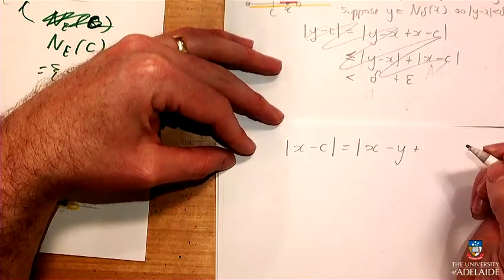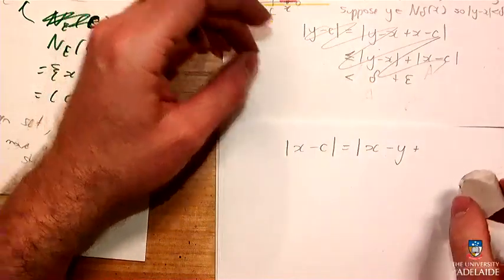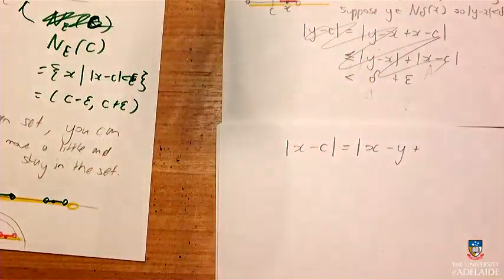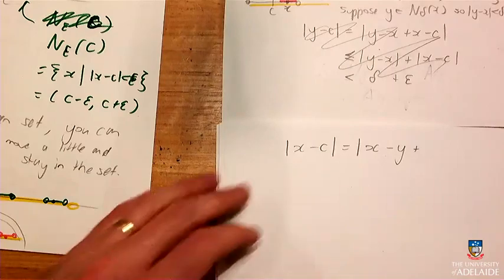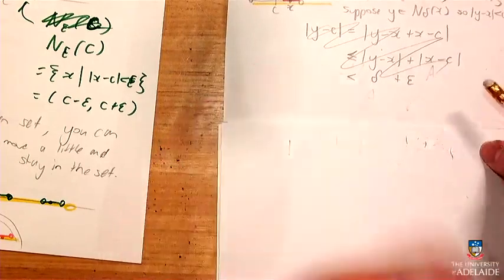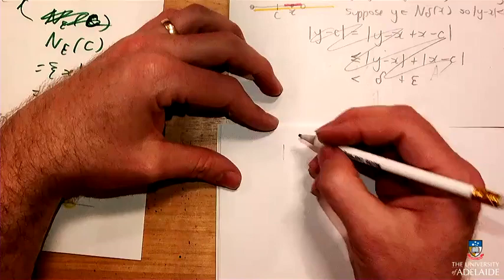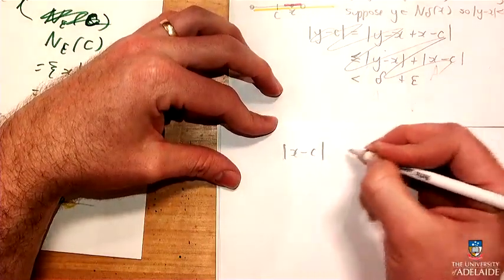Do we want x minus y? No, we don't. Just a second. Oh, I really thought it was a good idea. If you want y minus x and you're splitting up using the triangle inequality, it doesn't matter if you have x minus y, because the norm of x minus y is the same as the norm of y minus x.